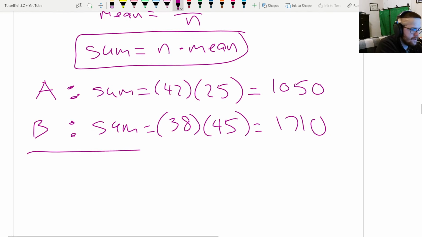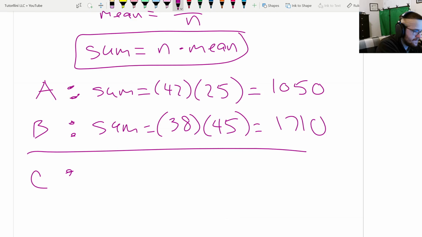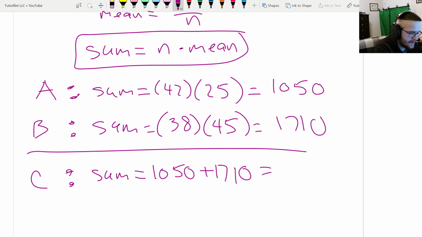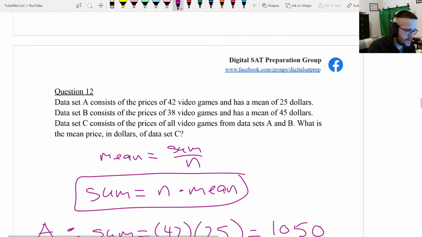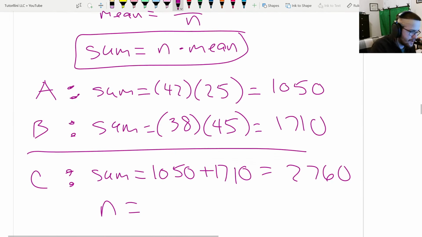Okay, so for data set C, the sum is 1050 plus 1710 because when we combine, the sums and the sample sizes are additive. That gives us 2760. And for n, we're also going to add the n's, which is 42 video games and 38 video games. That should give you 80.